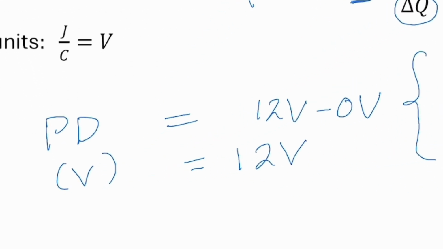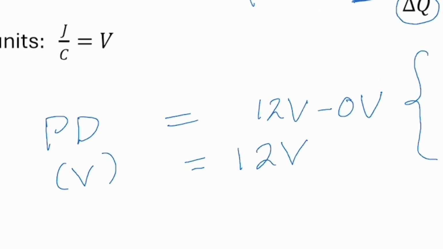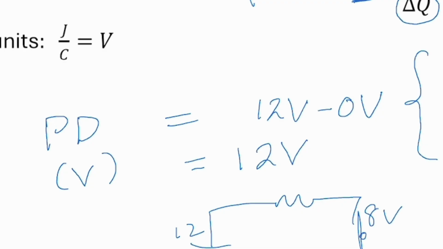In a circuit, say a battery here and here. If this is 12 volt, this can be 8 volt and this can be 0 volt. So you can say the absolute electric potential at the battery positive side is 12 volt. At this point is 8 volt. At this point is 0 volt.